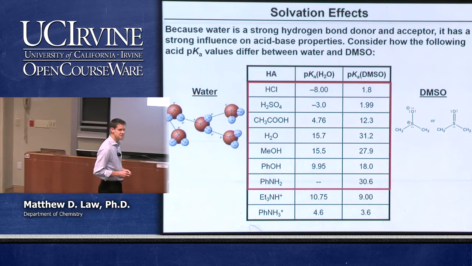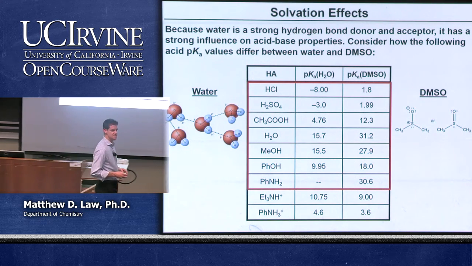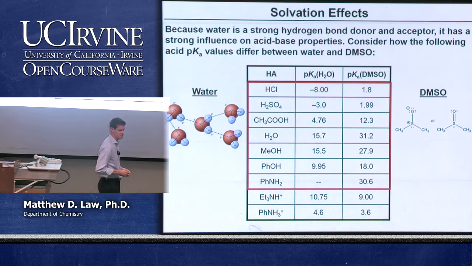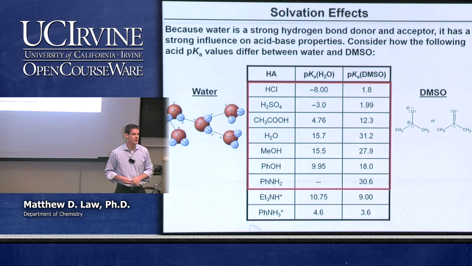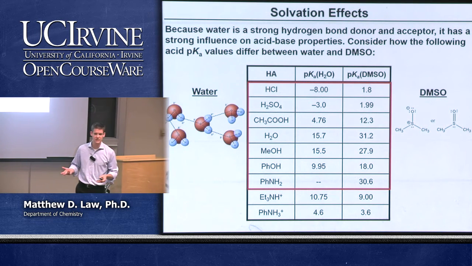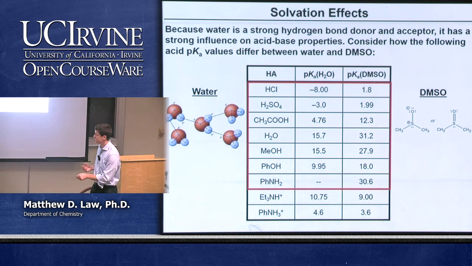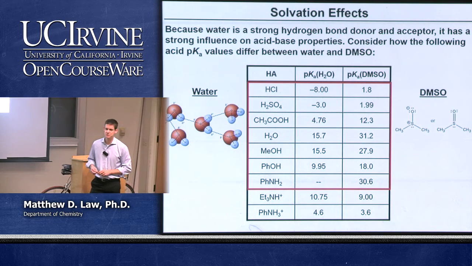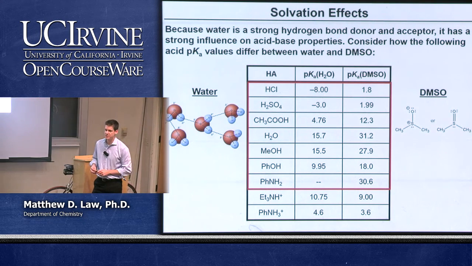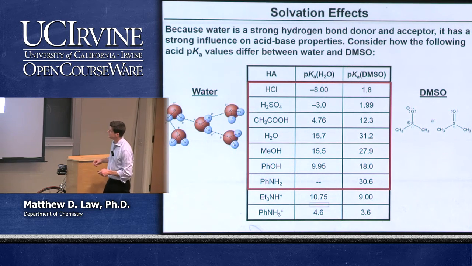And it's not nearly as important to hydrogen bond to stabilize the neutral as it is for the anionic conjugate bases of the other acids. And so the stability and the reactivity of the cationic acids are much more similar in the two solvents, again driven by the absence of a hydrogen bonding capability in DMSO.